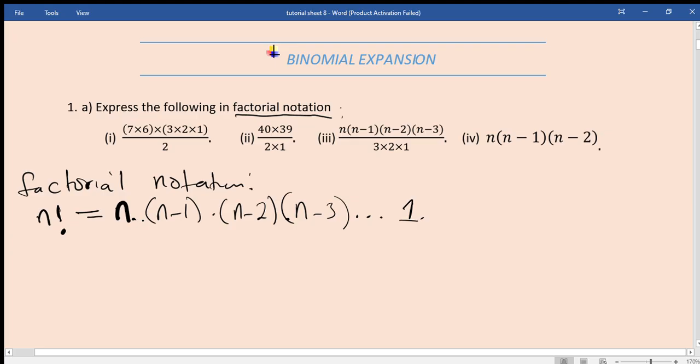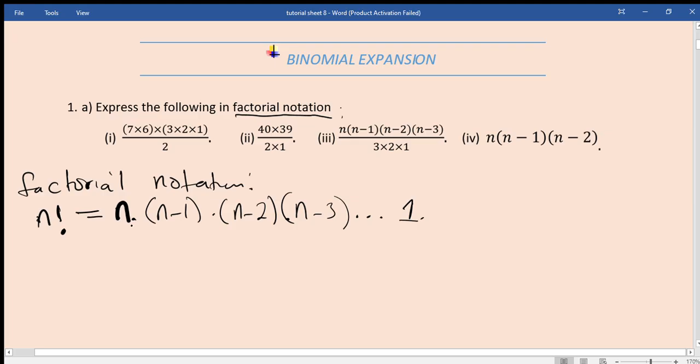That is why factorial notation only applies to positive values of n. So n factorial is the product of the next values which are smaller than n.